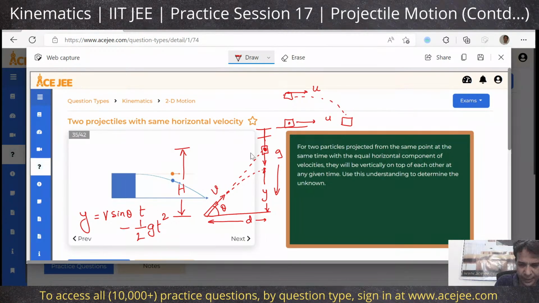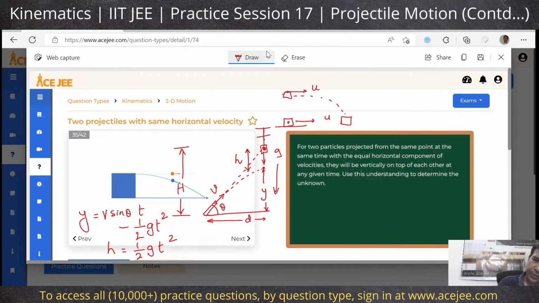And this distance, let me call it small h. What is the small h? Small h is half gt square, right, Peter? Correct?